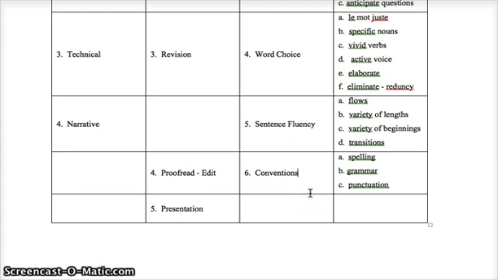And so the entire purpose of this grammar class essentially is to teach you the conventions trait. But what I want you to be aware of is that the conventions trait is only 1/6 of good writing. You really need to have the other 5 traits of writing in order for your writing to be really stellar and stand out and for the reader to want to read it.